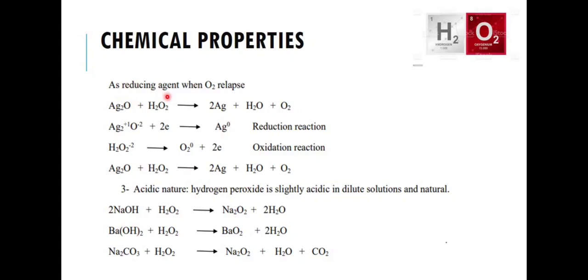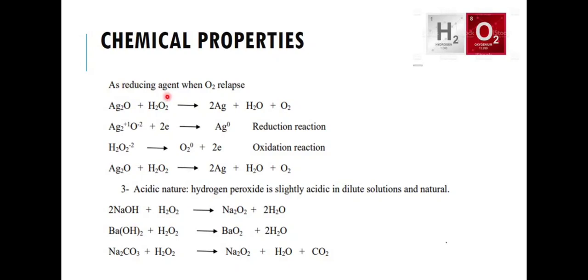When treated with barium hydroxide, it will give barium peroxide. Treated with sodium carbonate, it will give sodium peroxide. That is an example of the weak acidic property of hydrogen peroxide.